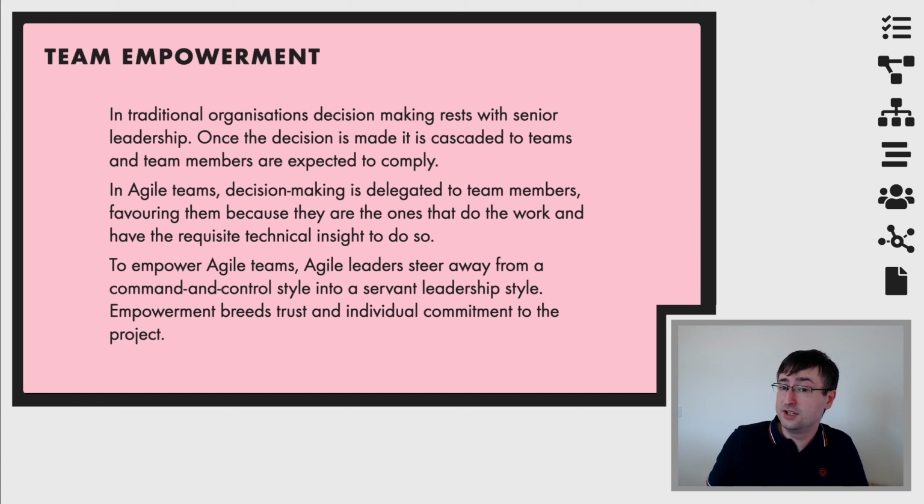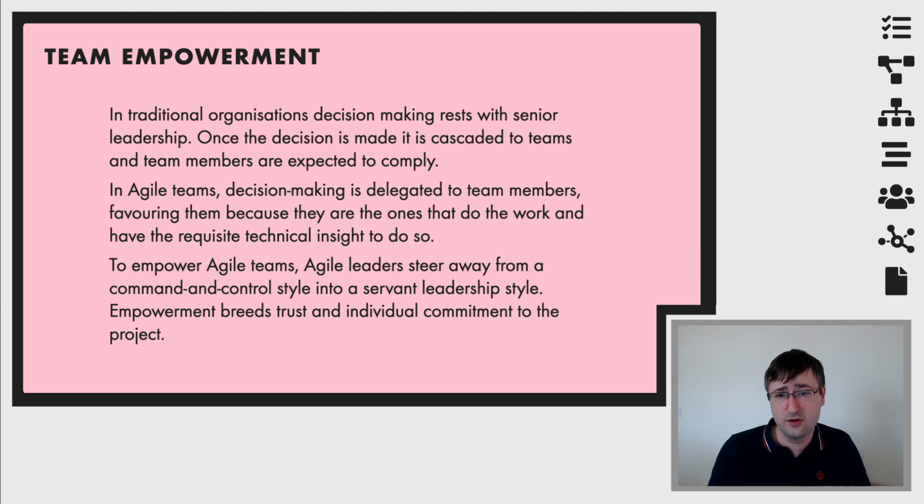In order to accomplish this, Agile leaders stand back and don't do micromanagement, command and control style things. They follow a servant leadership approach, where their job is more to intervene and help anytime that people are struggling within a team because they need an extra bit of resource.